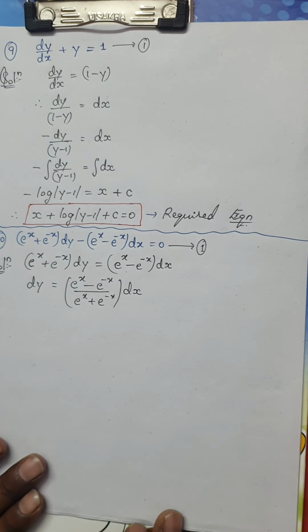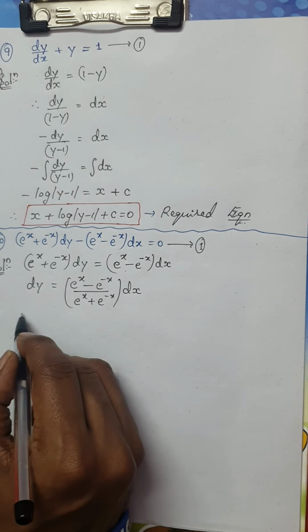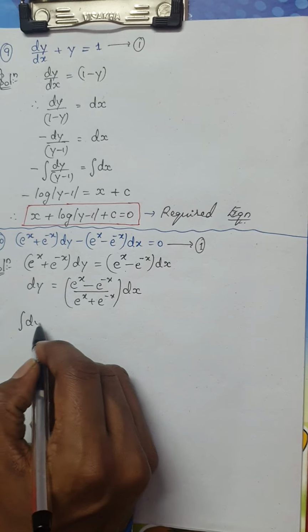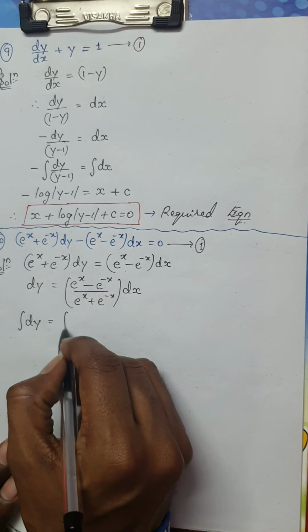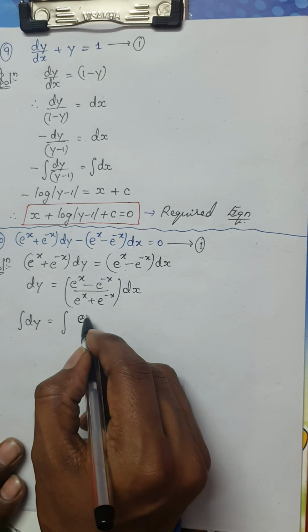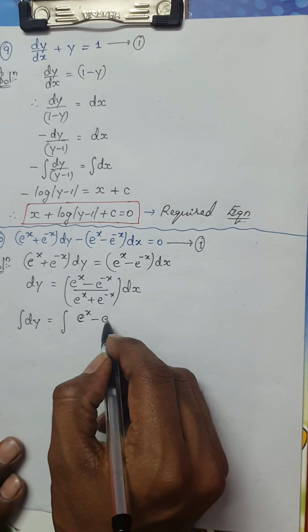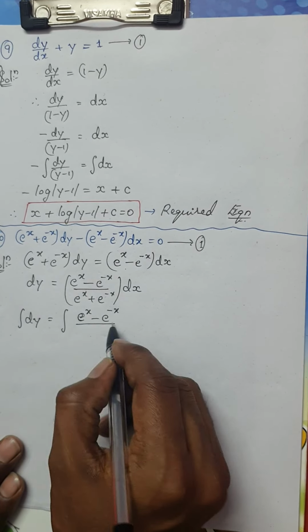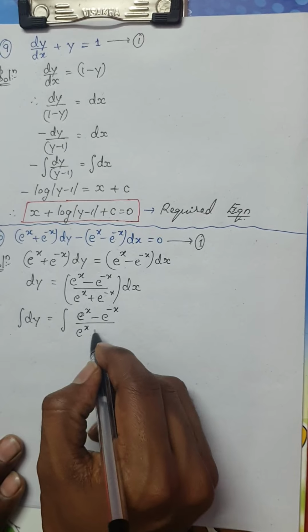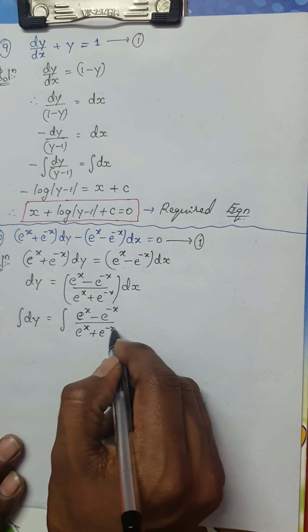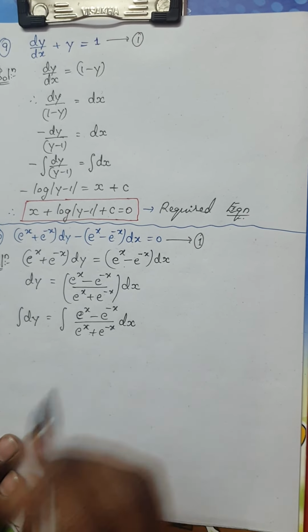Okay, so the variables are already separated now. Apply the integral sign. Therefore, integral of dy is nothing but integral of (e^x - e^(-x)) divided by (e^x + e^(-x)) dx.